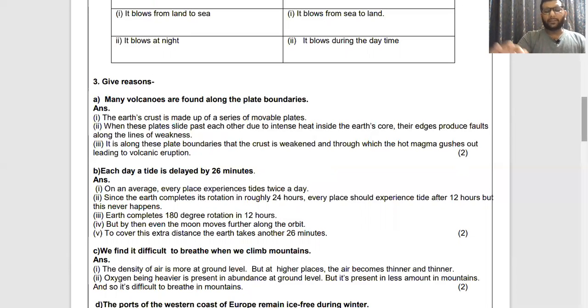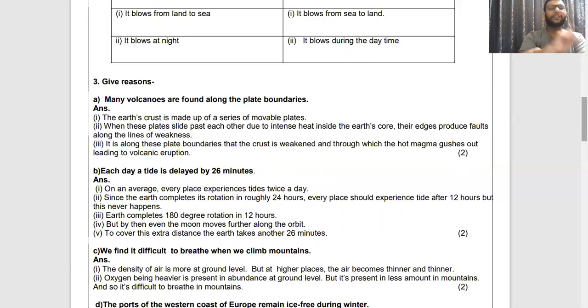Each day, a tide is delayed by 26 minutes. Give reason for that. On an average, every place experiences tides twice a day. Since the Earth completes its rotation in roughly 24 hours, every place should experience a tide usually after 12 hours. But this never happens.